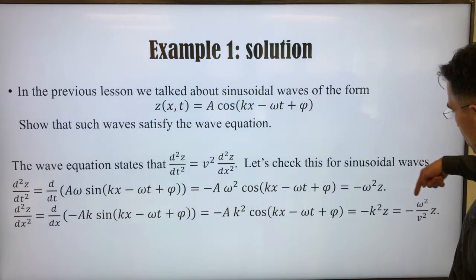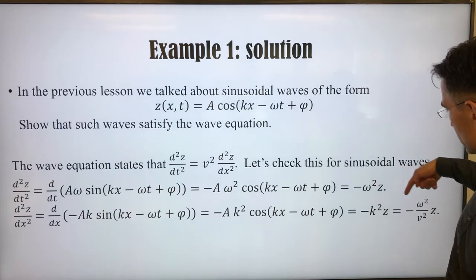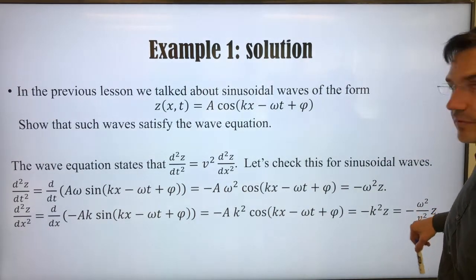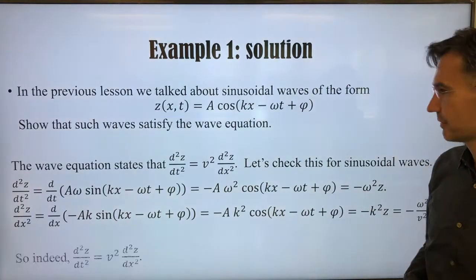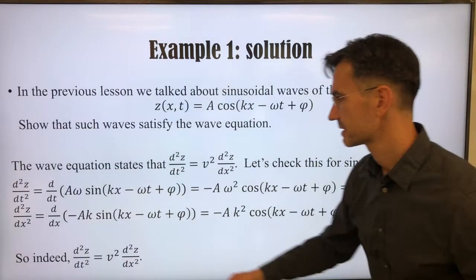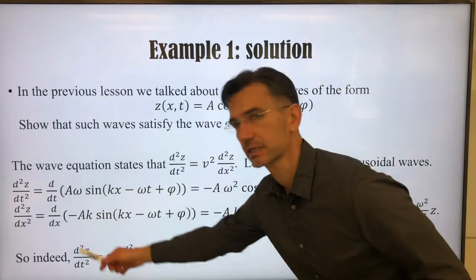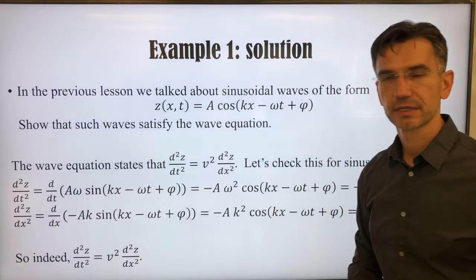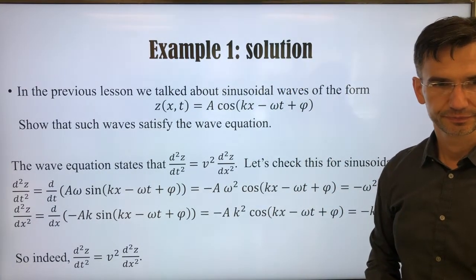Again, these two expressions are very similar, they just differ by a factor of v squared. So indeed, we have demonstrated that this expression satisfies the wave equation, because the second derivative of z with respect to time is v squared times the second derivative of z with respect to x.